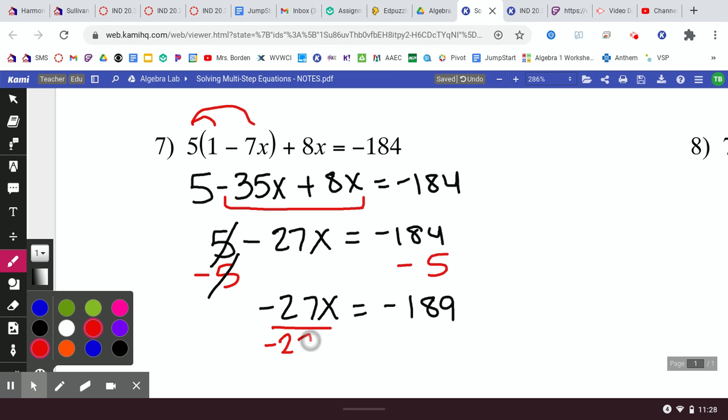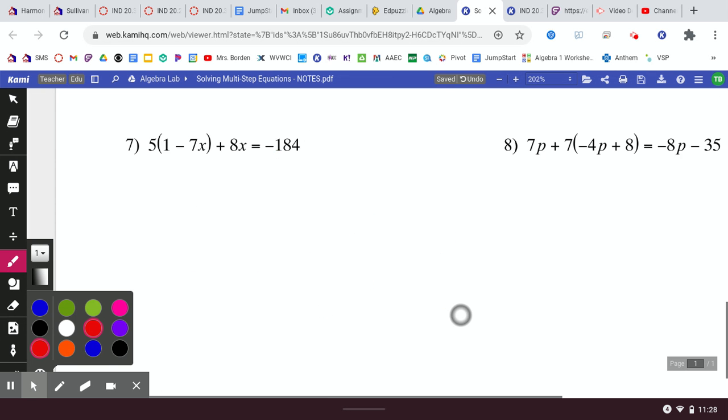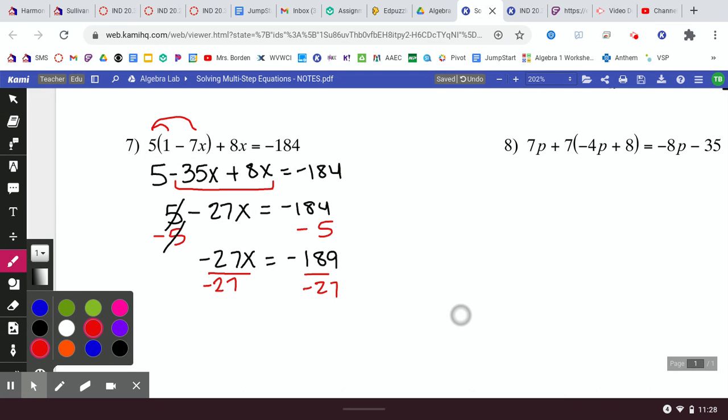Negative, because I want to get that -27 off there. And Gabby, what's 189 divided by 27? 7? Positive or negative? Positive. Two negatives divided by each other give me a positive. Good. So x equals 7. So that big, ugly problem reduces all the way down to 7.